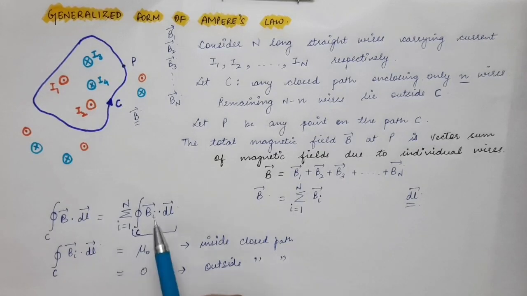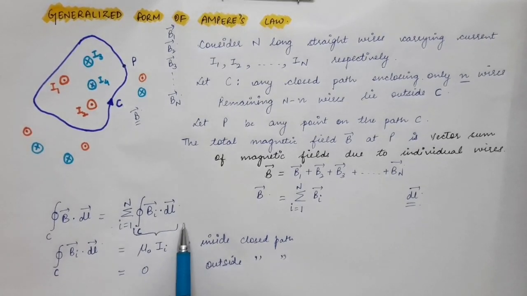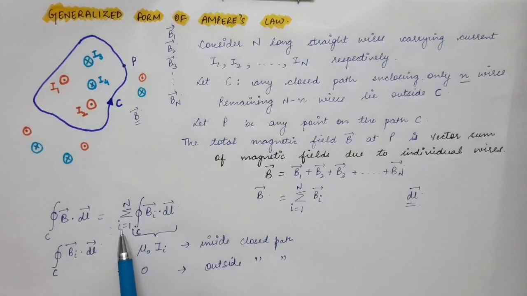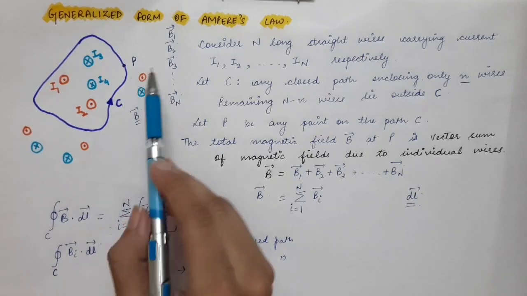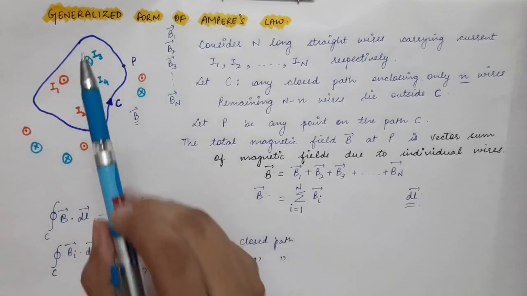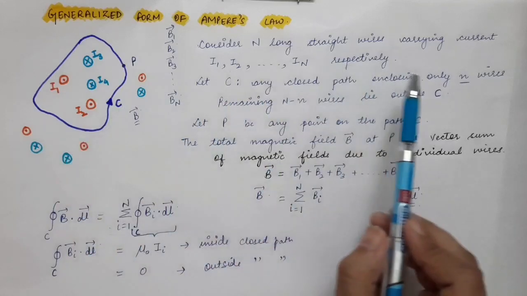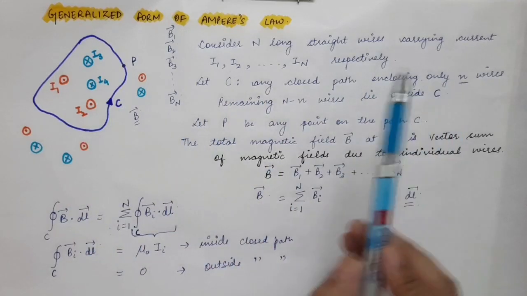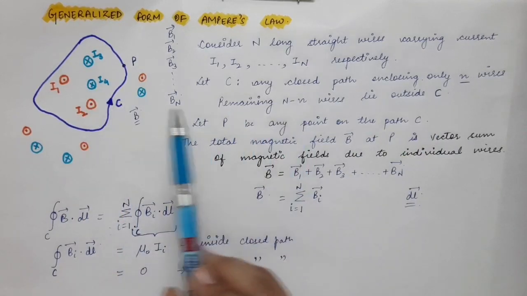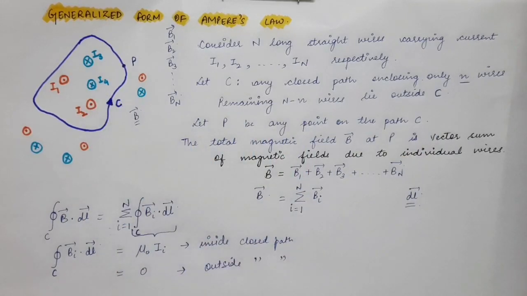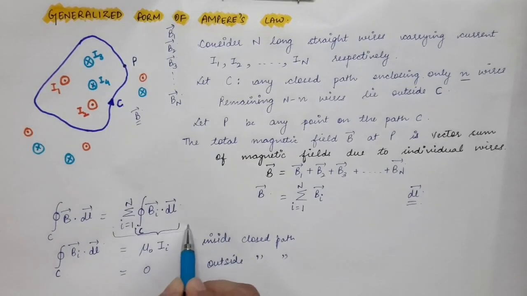So you can see that on this right hand side we have done the summation from 1 to N, means from the first wire to the Nth wire. So we have taken all the wires into account, but in this case we have considered that only small n number of wires are present inside the closed path and rest of the wires are present outside the closed path. So here what will be this right hand side?